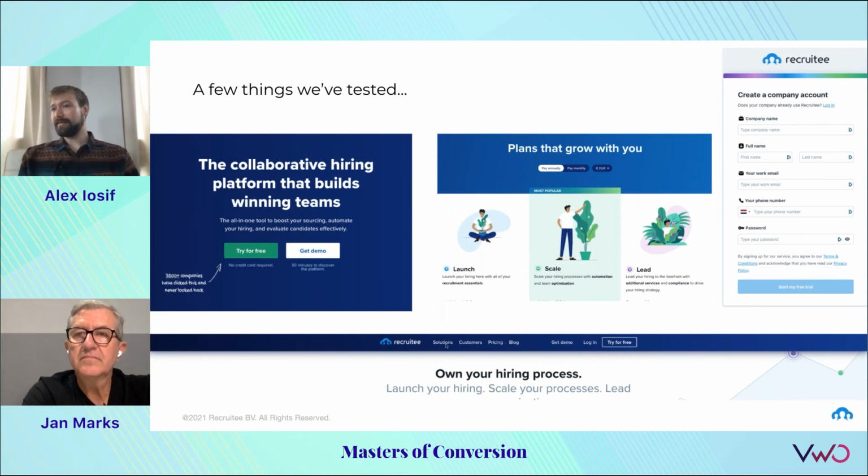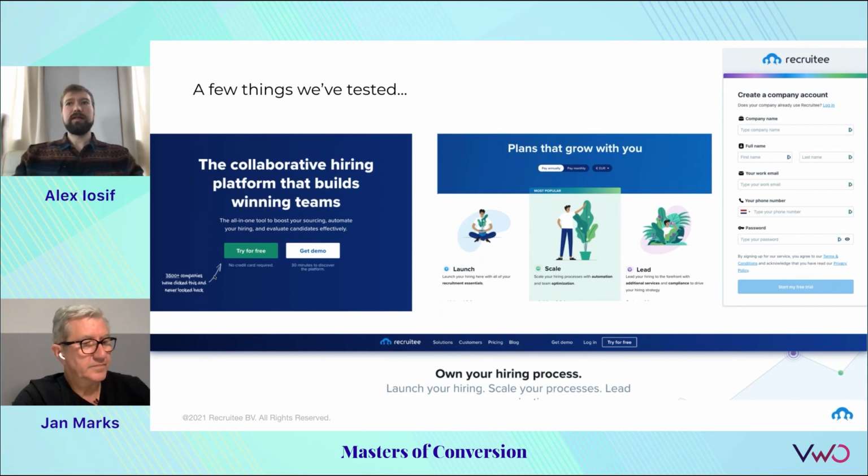And also things like sticky headers. This here, of course, is not in real time, but we tested the sticky header as well. We also tested things like contrasts. Before, this background was lighter blue, and this was also blue, the button, and we got to the conclusion through a test that this configuration would be better. We're testing copy changes, which you will see a bit later as well.